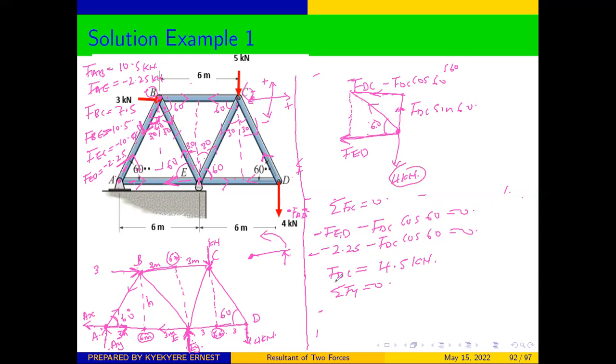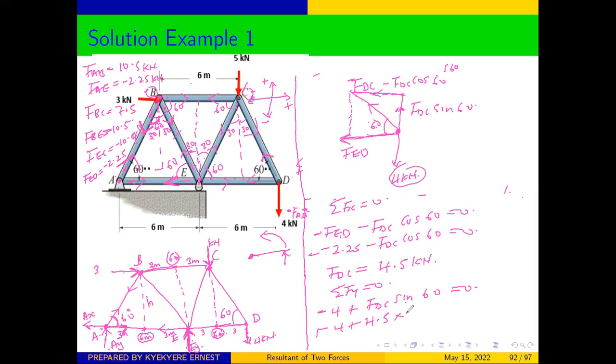Therefore, negative 4 plus FDC sine 60 is equal to 0. So you are going to get negative 4 plus, you have calculated FDC to be 4.5 times sine 60.